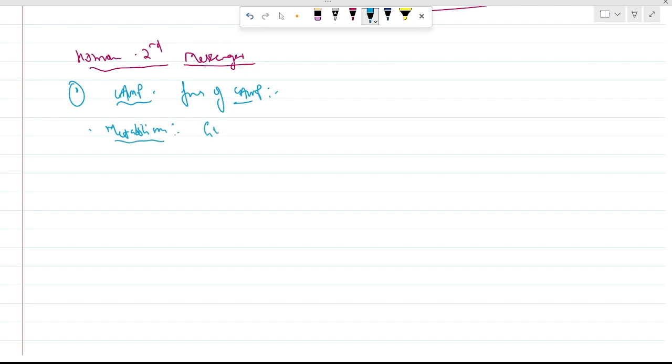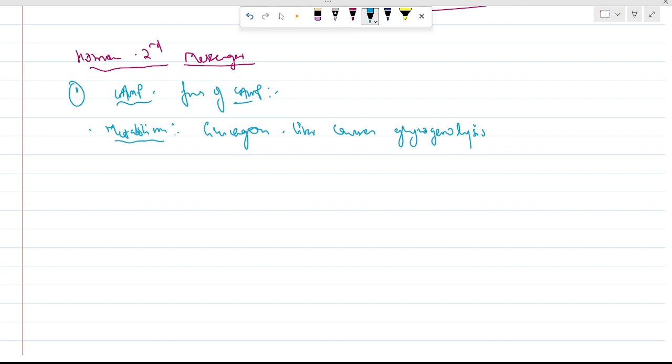We know this hormone glucagon in the liver causes glycogenolysis.